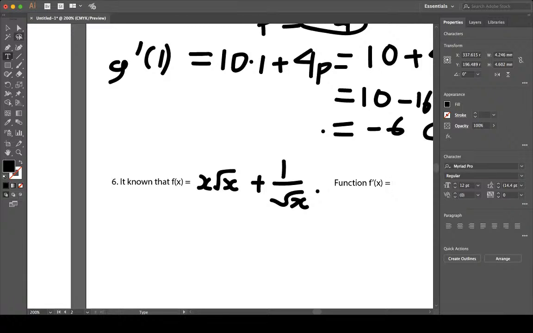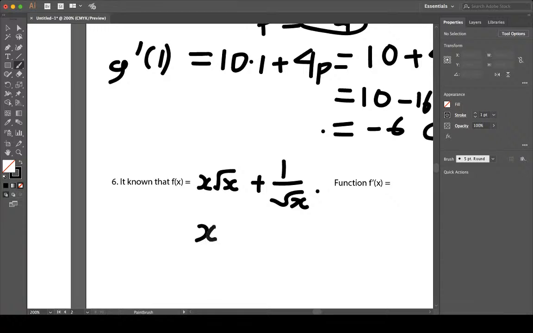We are not going to be caring a lot about trigonometric functions and how you differentiate them. So let's go ahead and define this. This x to the power of 1, multiply that by x to the power of half, which is square root of x.